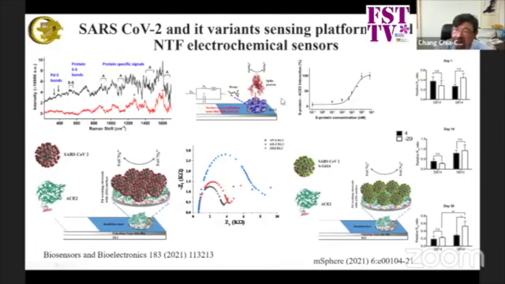This also indicates that both spike protein and ACE2 are functional. We use this kind of probe to detect some pseudovirus. We also found that the pseudovirus can recognize this ACE2, and we can detect their dissociation constant too.